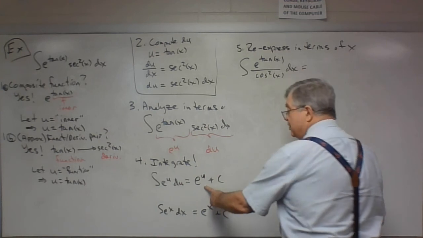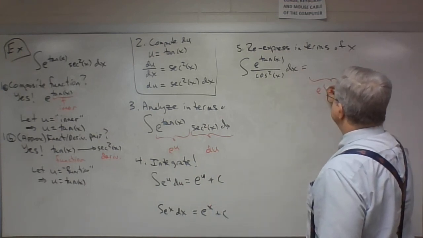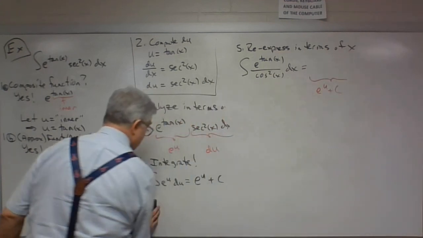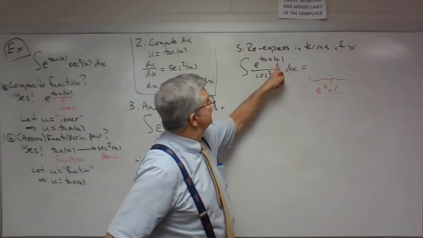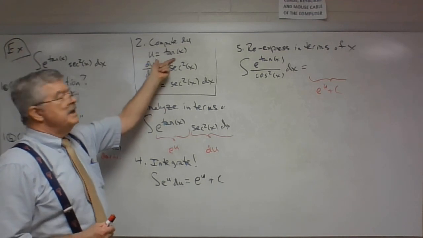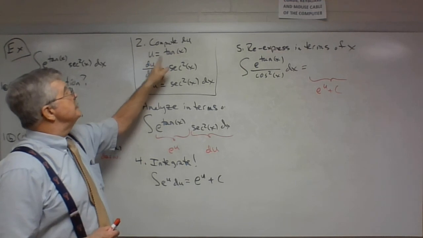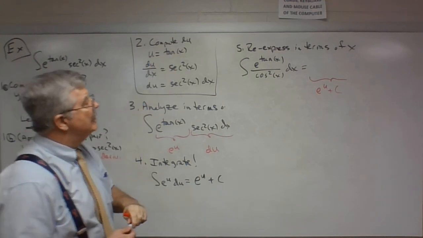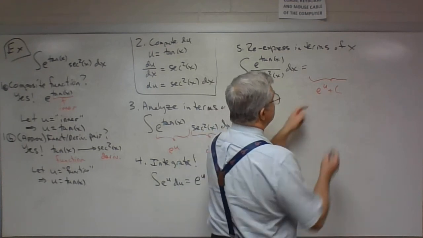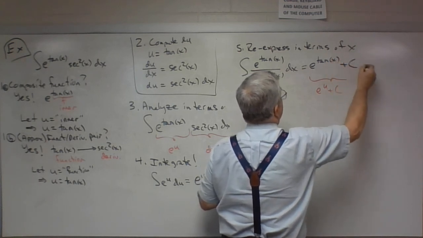And in terms of u, we got e to the u plus c. Now, how do I write this in terms of the original variable x? Back in step 2, we have our rate of exchange between u and x. u is the same as tangent x. So wherever we see a u down here, we're just going to put tangent x up here.